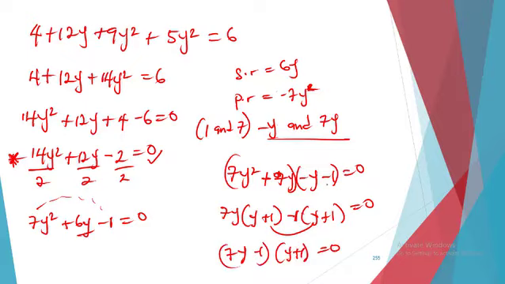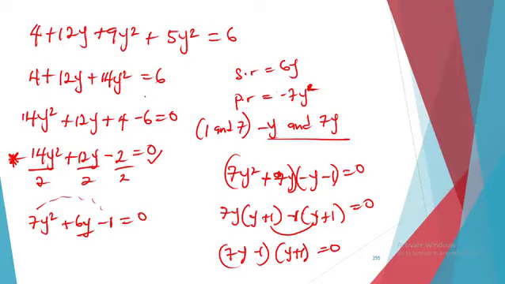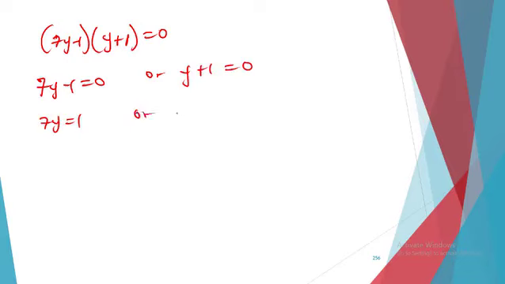Let's go over. Remember, we have 7y minus 1 into y plus 1 equal to 0. So it means that 7y minus 1 is equal to 0, or y plus 1 is equal to 0. 7y is equal to 1, or y is equal to minus 1.